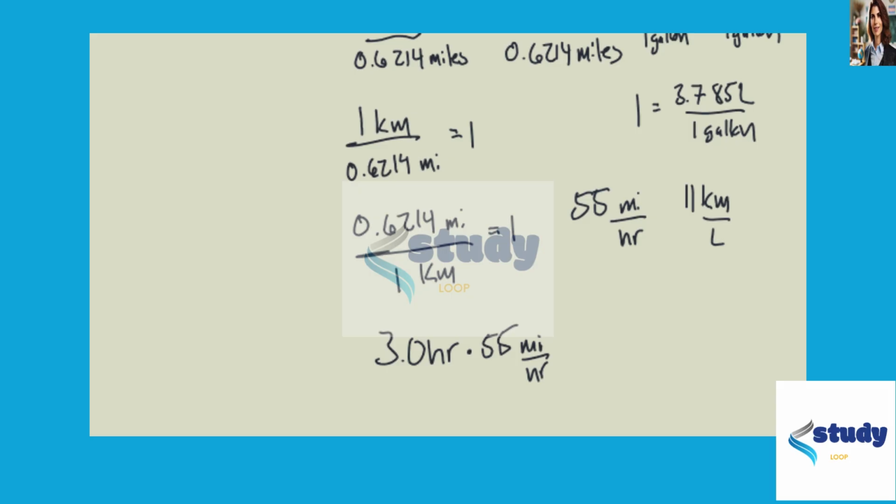So how do we convert miles into, not miles into liters, miles into kilometers? We have this factor right here. If we have miles and we want kilometers, we put miles in the denominator and kilometers in the numerator. And then this would give us kilometers. We don't want kilometers, we want liters. So we use our factor of 1 liter per 11 kilometers.